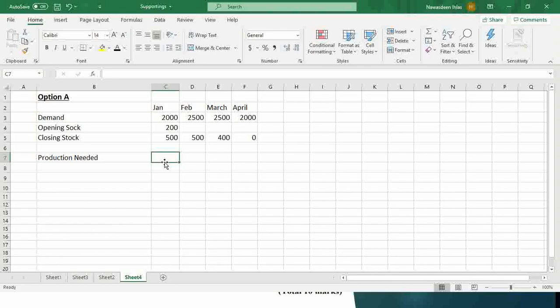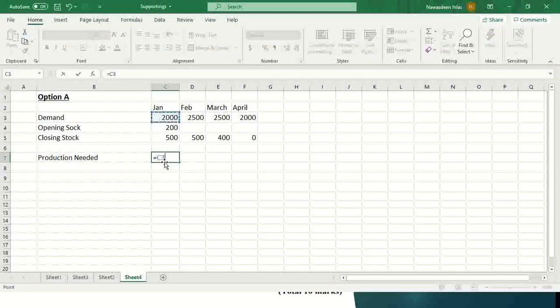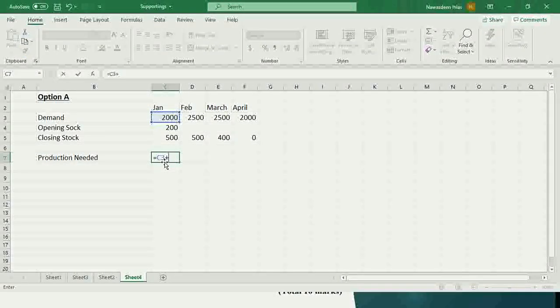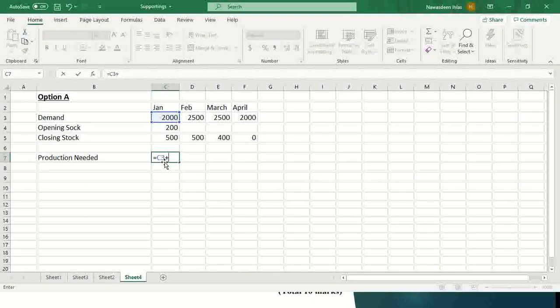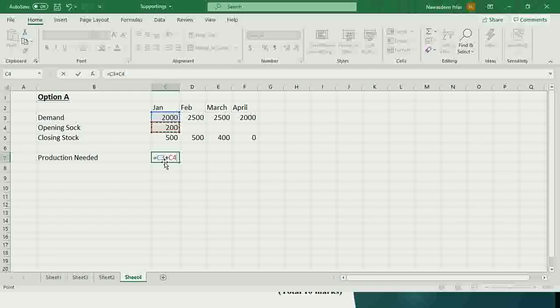So how to find the production capacity? In January month our demand is 2000, so obviously we need this amount, and we are having opening stock 200 units, right?